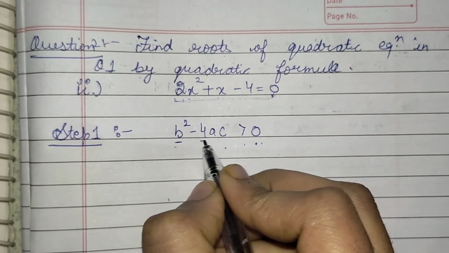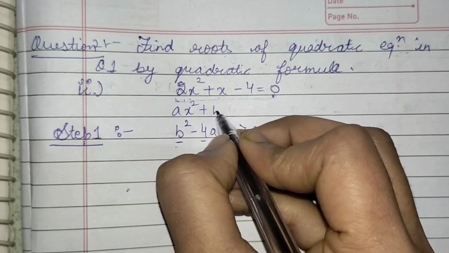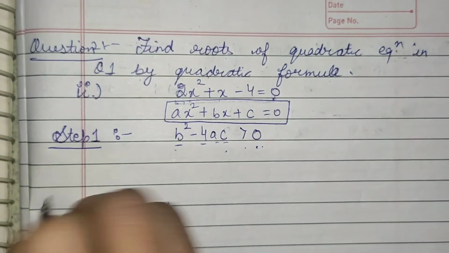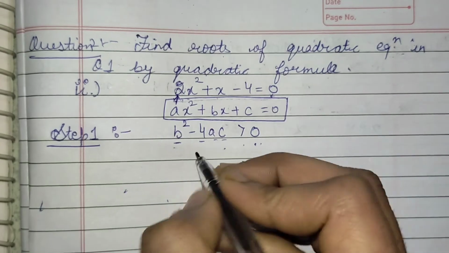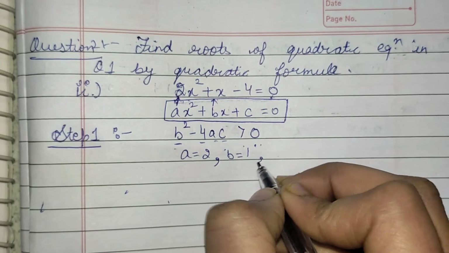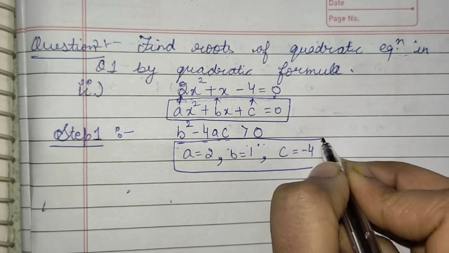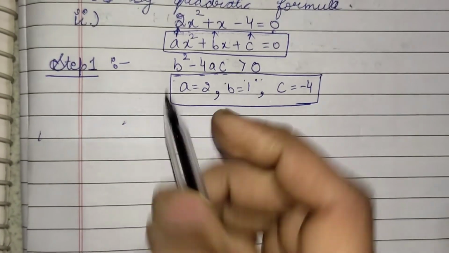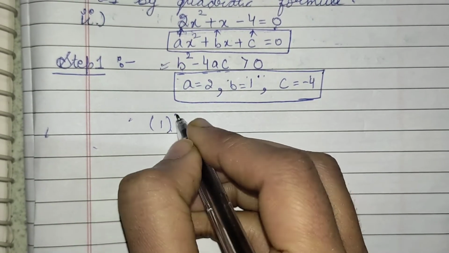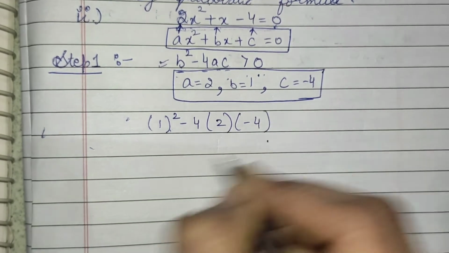So how will I find out these values? I will compare my given equation with the standard form of the equation. Okay, so my a will be 2, b will be equal to 1 and c will be equal to minus 4. Okay, put these values in b square minus 4ac is greater than 0. b is 1, a is 2, c is minus 4.